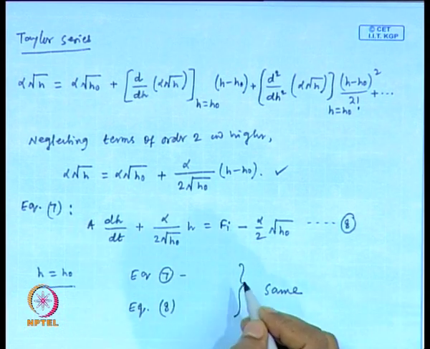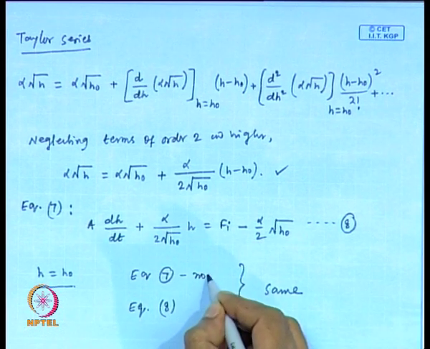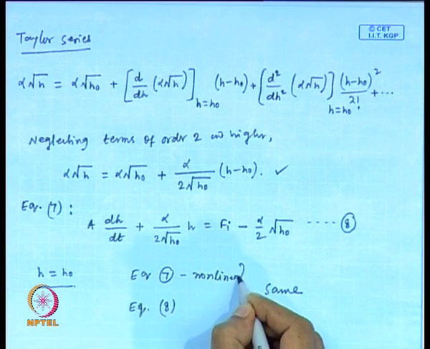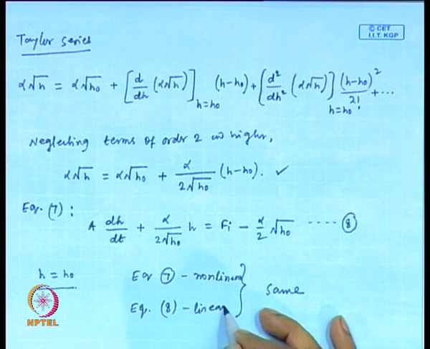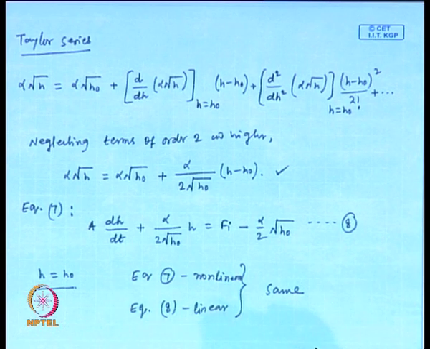Equation 7 represents the nonlinear form and equation 8 represents the linear form. Exactly at h naught they are identical, fine. So, that is why we mentioned earlier that the linear approximation is satisfactory when x is very close to x naught. So, this is the linearization.